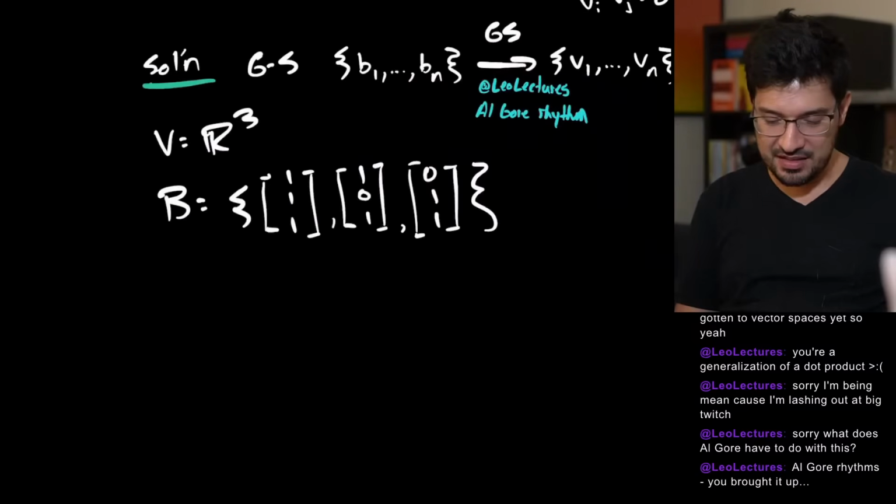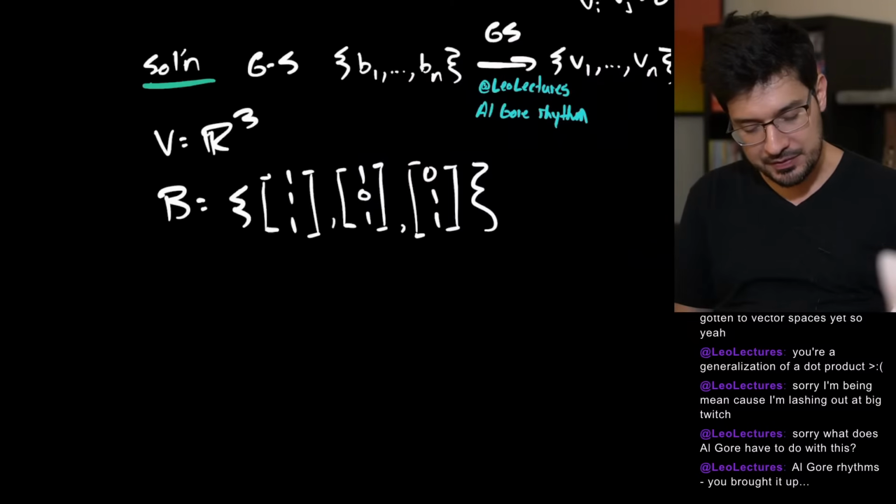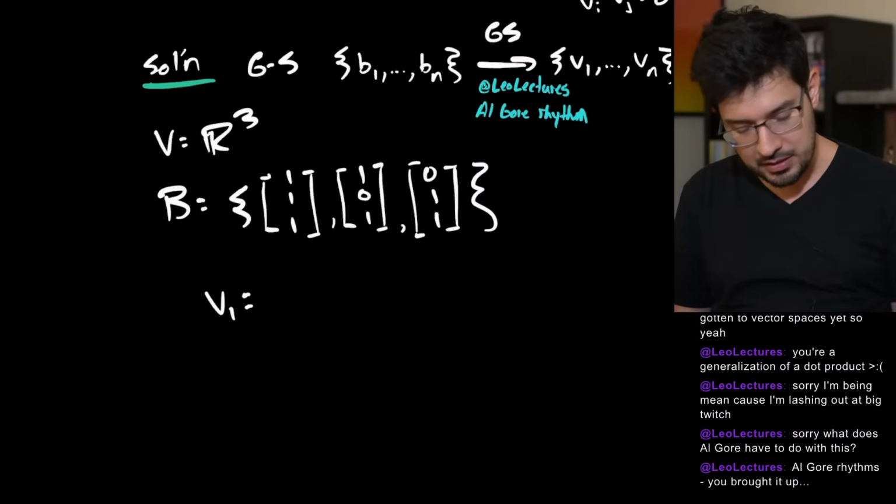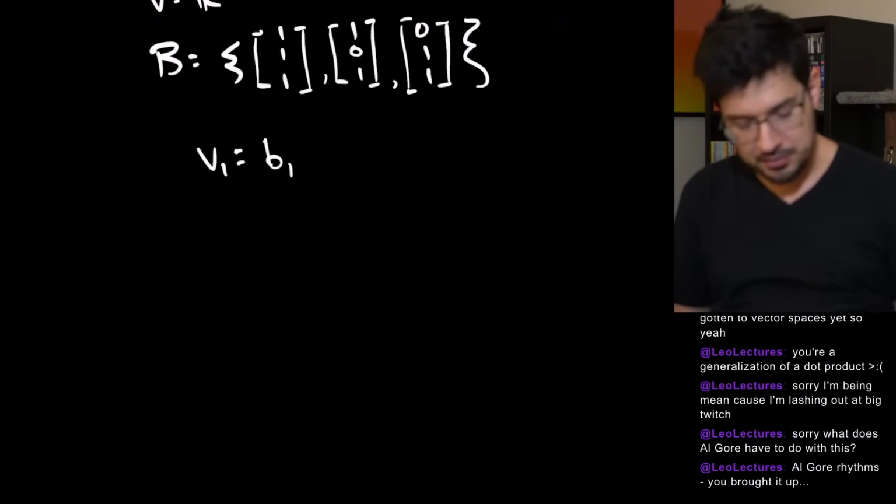Okay, and the Gram-Schmidt process for this is that we let V1 be equal to the first basis vector.